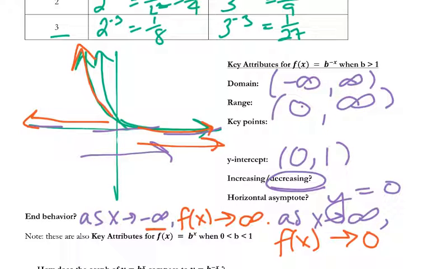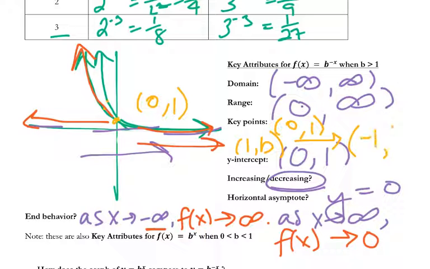Okay, key points. Well, the y-intercept is still definitely a key point, so 0, 1 for both of these graphs. Our other original key point on a parent function is 1, b. But because this has been reflected, this is now -1, b.